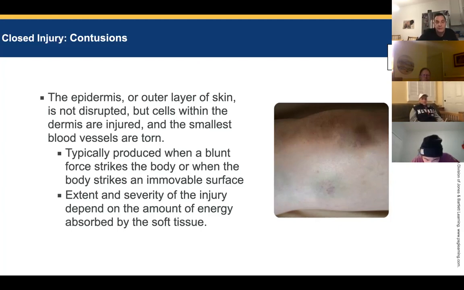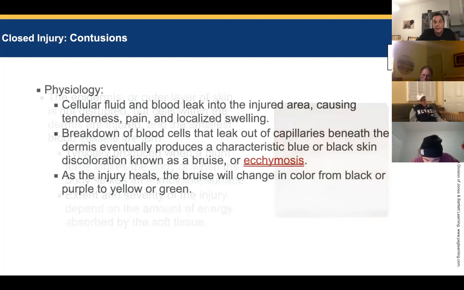Again, that's that mechanism of injury. How high were they up? Did they only fall a little ways? Did they fall a great distance? So you got to play detective a little bit, like I was talking about last time I taught. Who witnessed it? Those kinds of things.